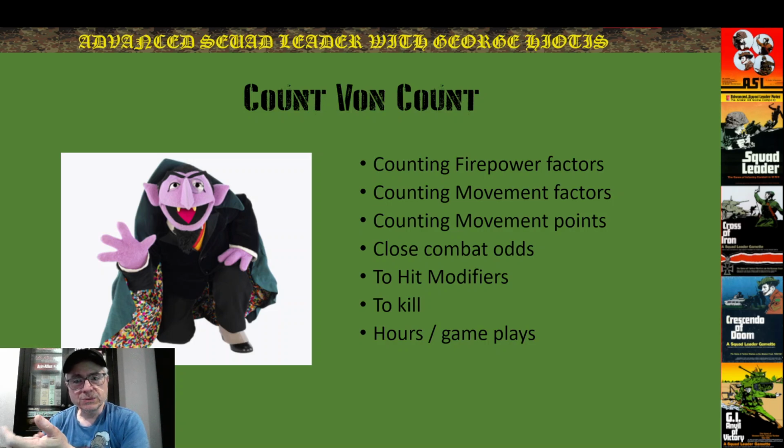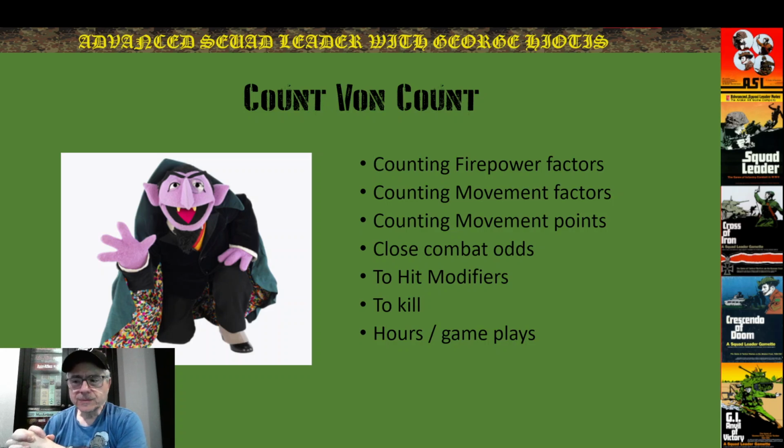We count movement points. Remember, movement factors are for infantry, and movement points is for vehicles, and the amount or percentage of movement factors expended can ultimately decide how far a vehicle can go that is carrying passengers or riders.